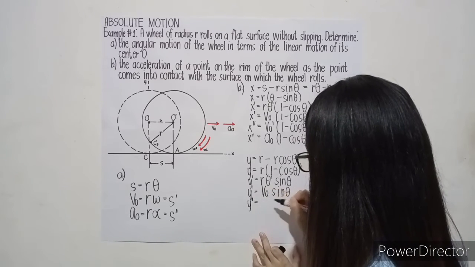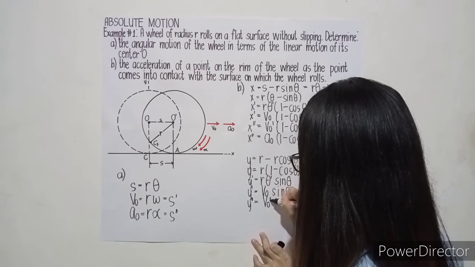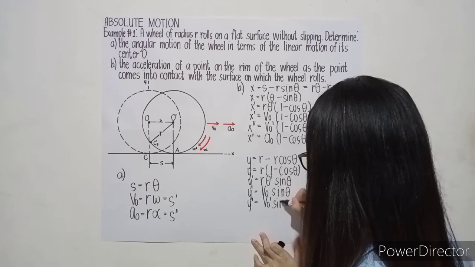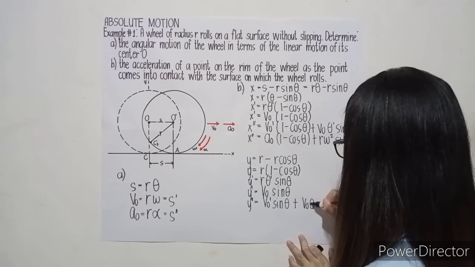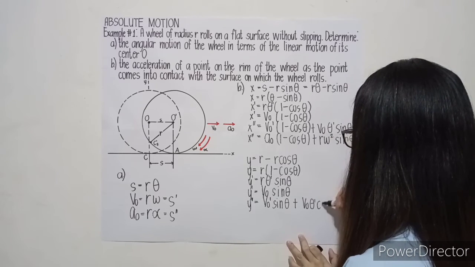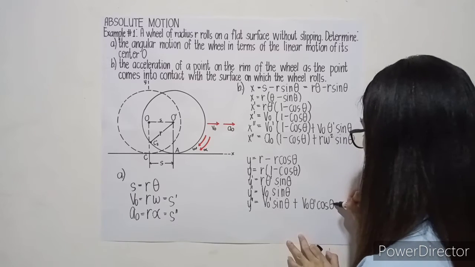So we have v sub o prime multiplied by sine theta plus v sub o theta prime cosine theta.